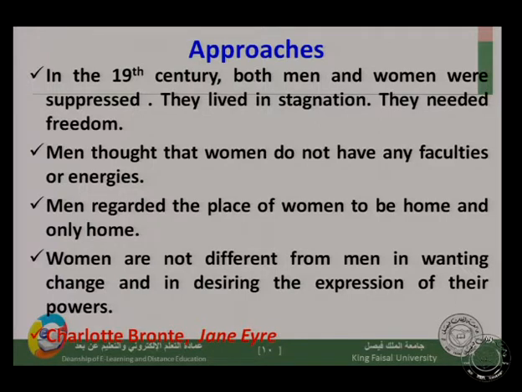To go to work? To study at the university? No. The place of women, according to men in the 19th century, was normally, customarily, regularly, understandably, home. Staying at home, bringing up children, taking care of the husband and the children. No more than that.